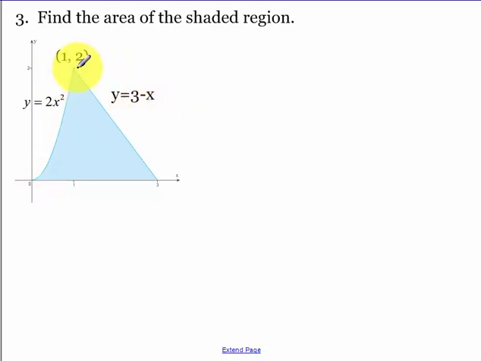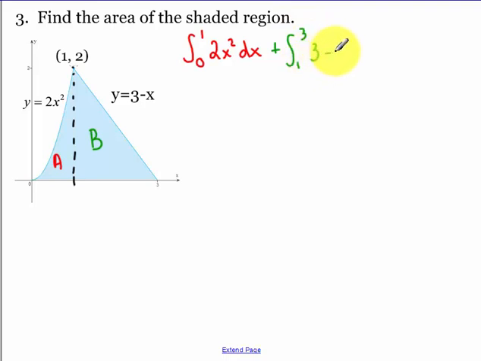So what you want to do is you want to split this up where the two functions intersect, and you're going to find the area of region A and add it to the area of region B. So region A, we are taking the integral from 0 to 1 of the area underneath the curve of 2x squared dx. And we're going to add that to our region B, which is starting at 1 and going to 3. And we have 3 minus x dx.